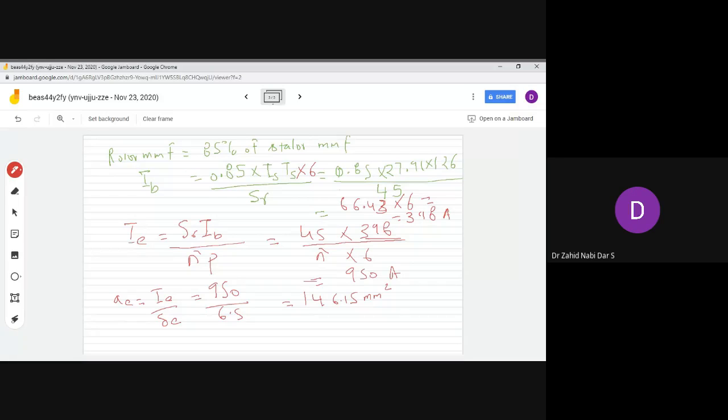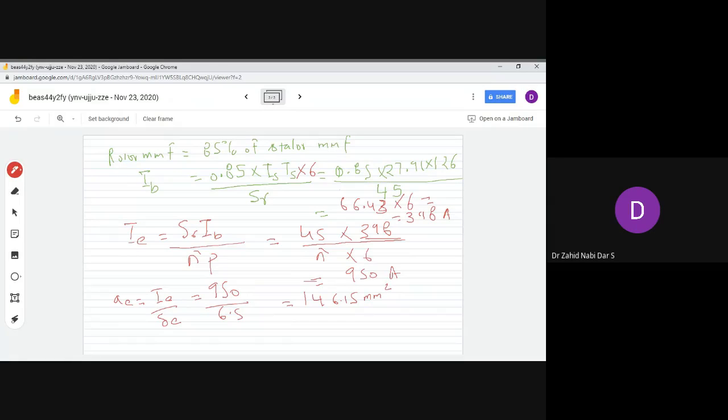All these values you have to put there. So here you can safely write 0.021 into 0.22 divided by 11 into 6.4, into SR value 45, IB value 398.